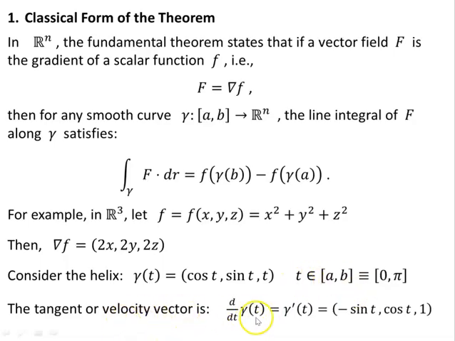So the tangent or velocity vector is the derivative with respect to the parameter t: minus sin t for the x component, cos t for the y component, and 1 for the z component.